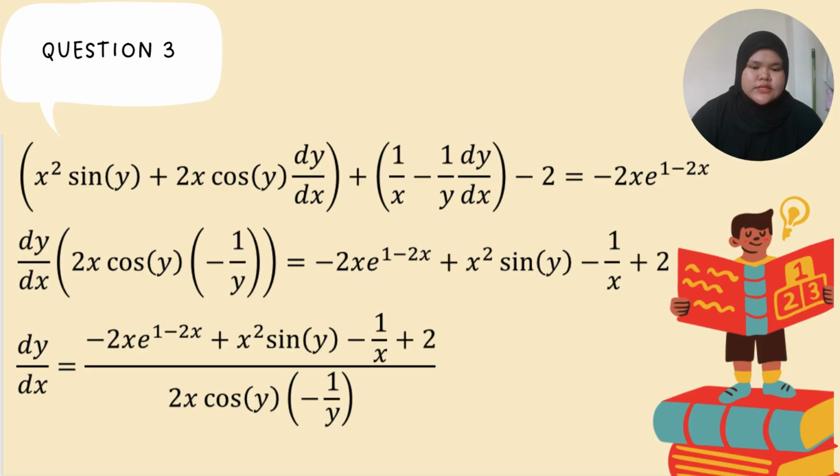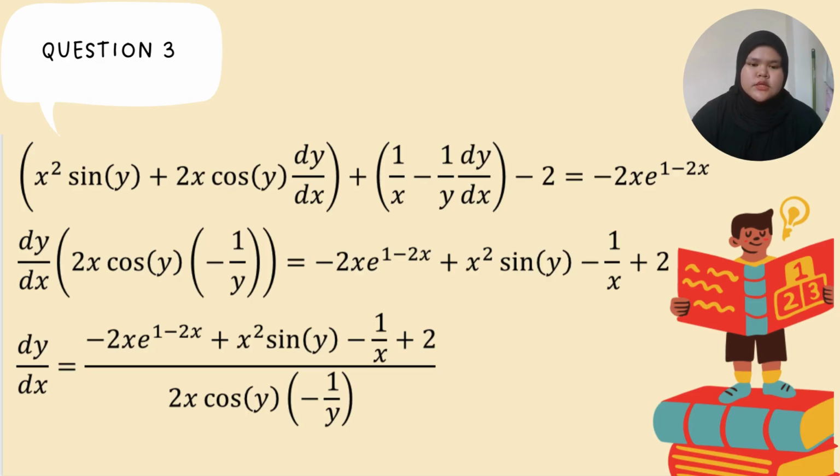We factor out the dy/dx and the other terms that we don't want, we will put them into the right side. So it will be dy/dx times (negative x squared sine y minus 1 over y) equal negative 2 e to the power of 1 minus 2x minus 2x cos y plus 1 over x plus 2.